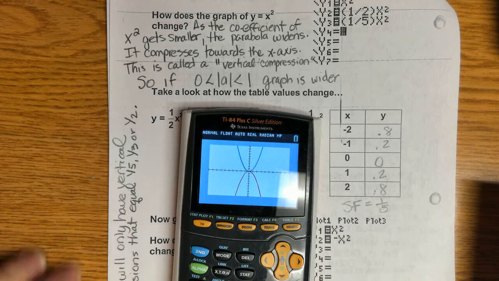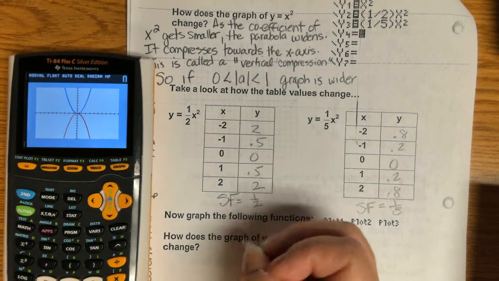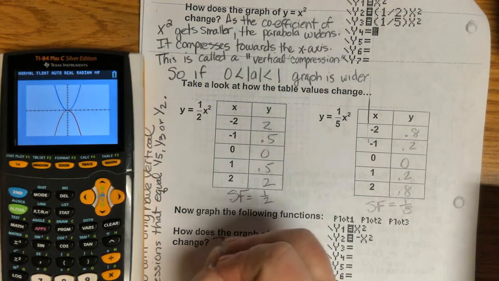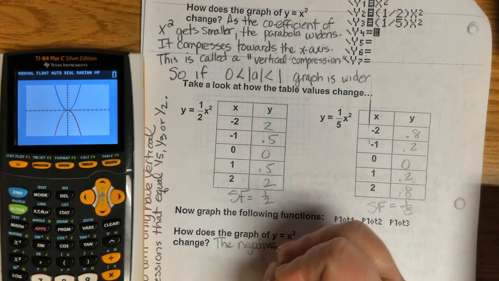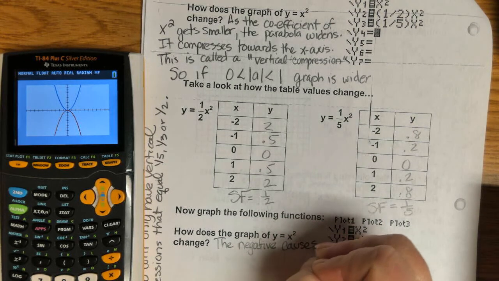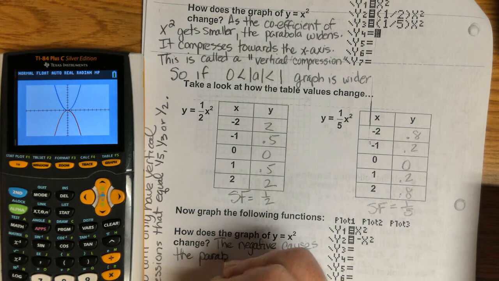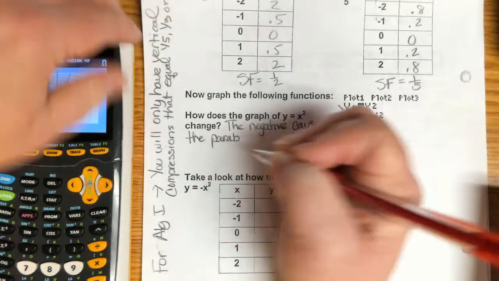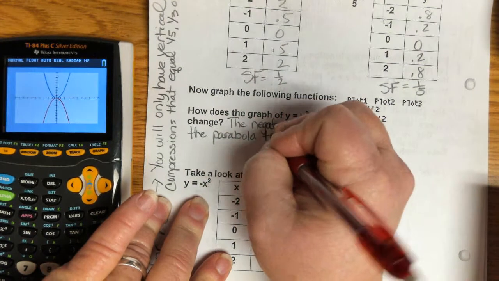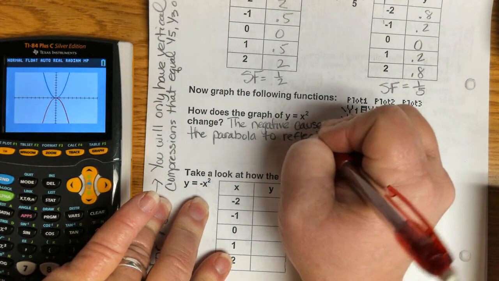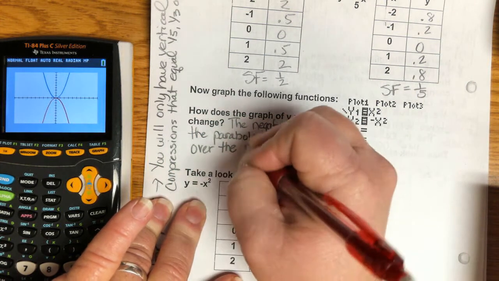Okay, for your vertex. All right, so let's see, how does the graph of y equals x squared change? The negative causes the parabola to reflect over the vertex.